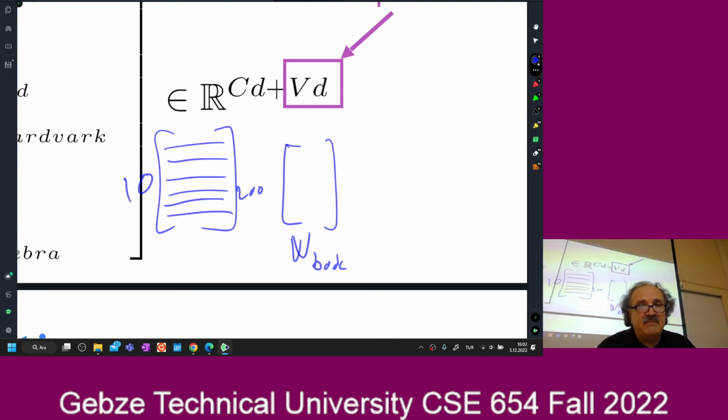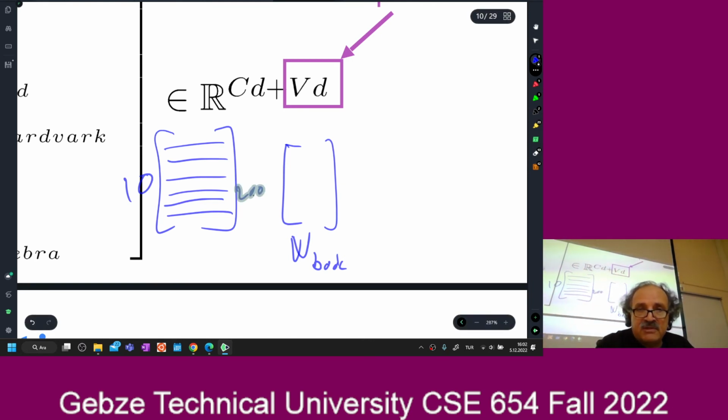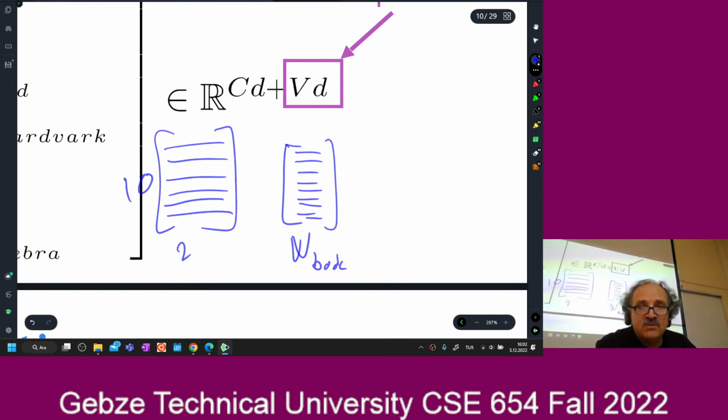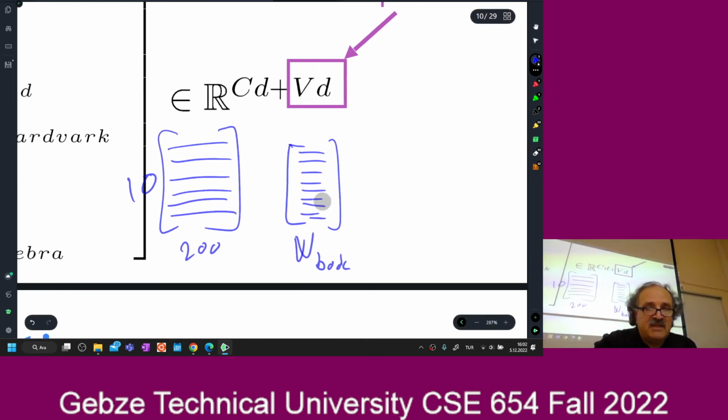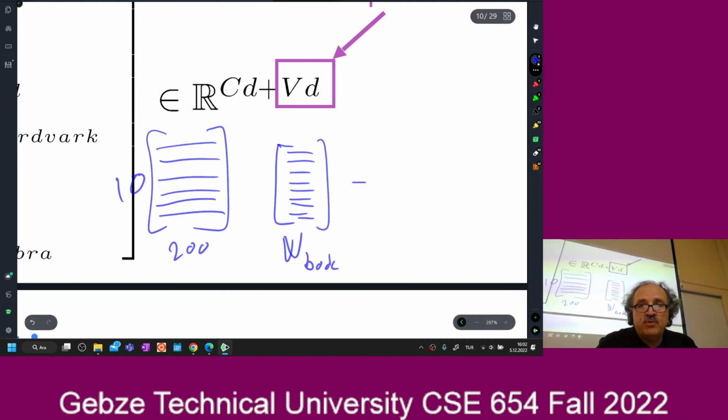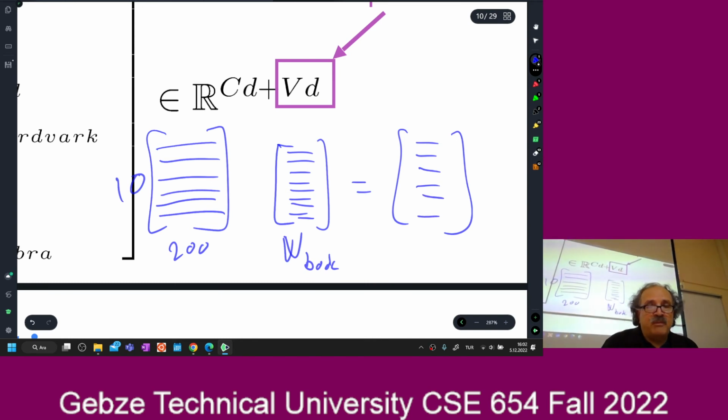If this one has 200 entries, the matrix has 200 columns and 10 rows. I am going to multiply this 10 by 200 matrix with this vector, and it's going to produce 10 numbers, right? Each one will be a probability.